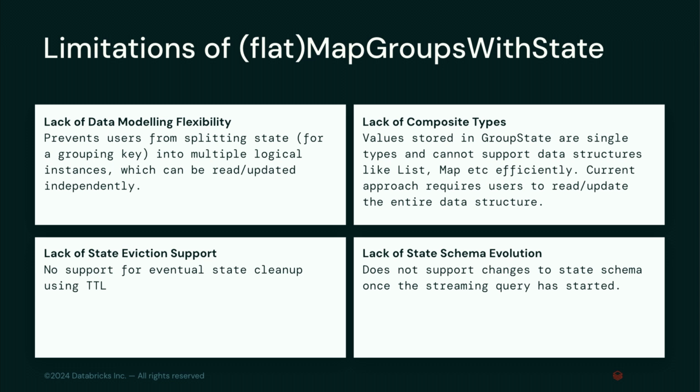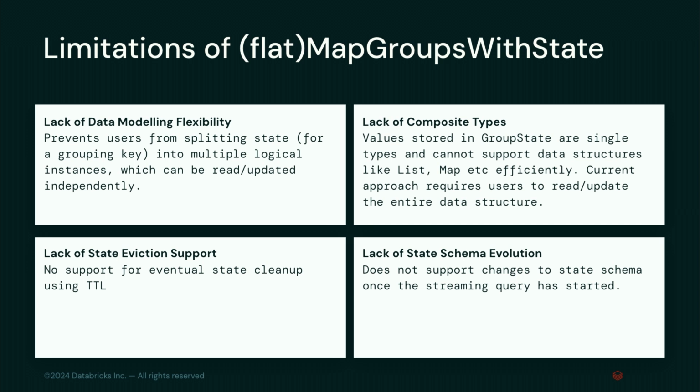Also, this single object model is not good for data modeling. Let's say you have multiple similar streaming applications that want to share some common data models, but this V1 API isn't good for that. And there are also some advanced features we don't support with the V1 API. For example, eviction, right? The state cannot grow forever. You must have some policy to evict state to keep it at a reasonable size.